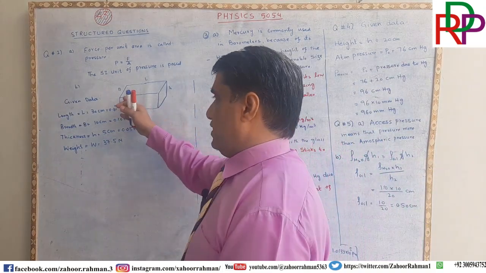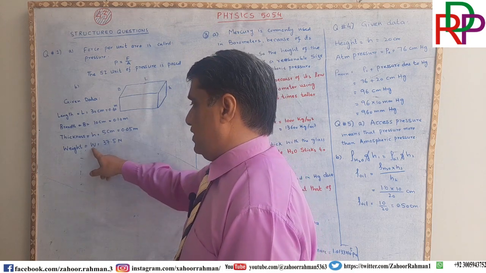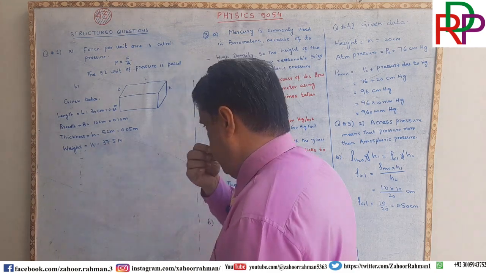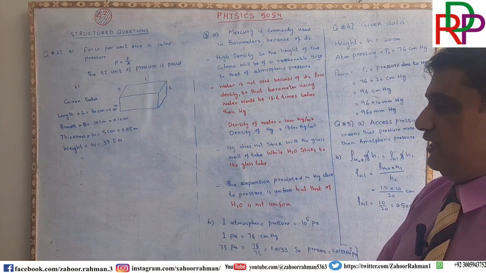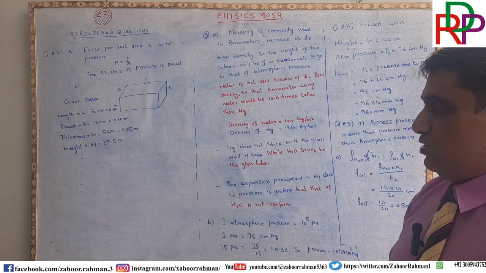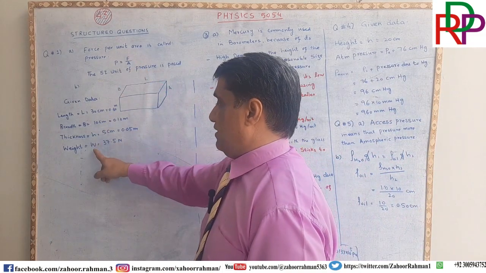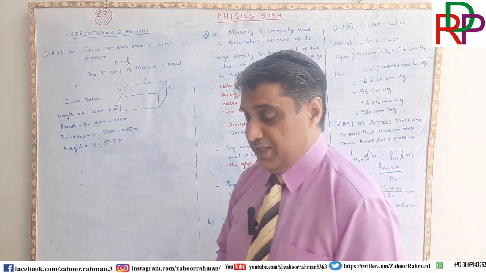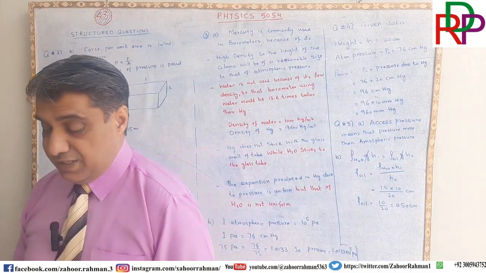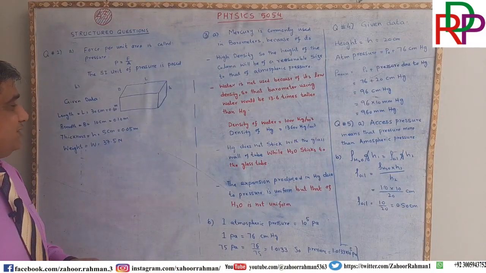Weight of this rectangular block is also given, and that is weight is equal to 37.5 Newton. Ladies and gentlemen, keep in mind that weight is also a force. So instead of this F, we can write W as well, which actually we will write when we are solving this question.